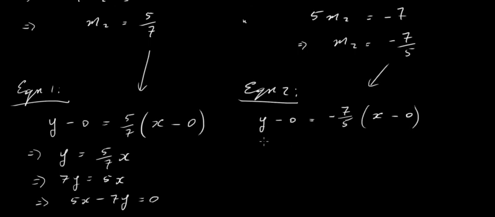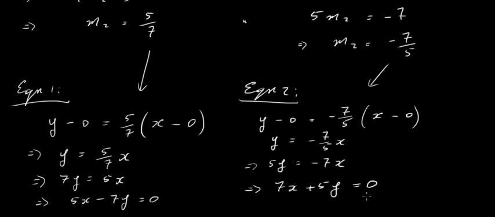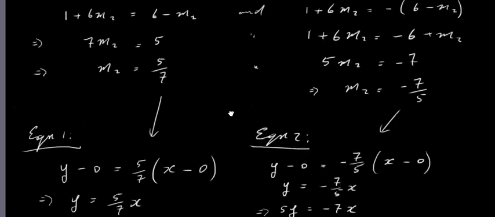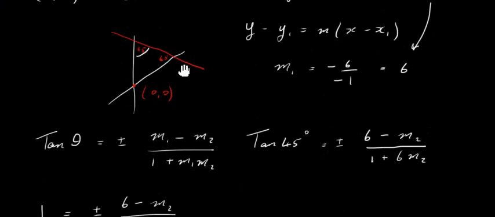So this gives me y is equal to minus 7 over 5x, multiply across by 5, that will give me 5y is equal to minus 7x, that will give me 7x plus 5y equal to 0. And these are our two equations of our two lines that pass through 0, 0 and make an angle of 45 degrees with this red line here.